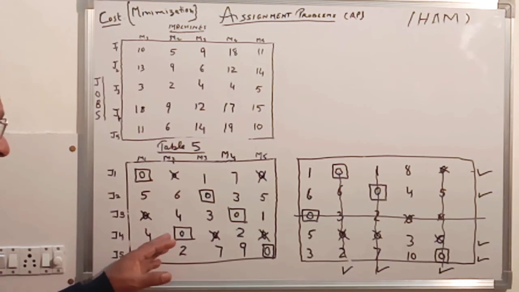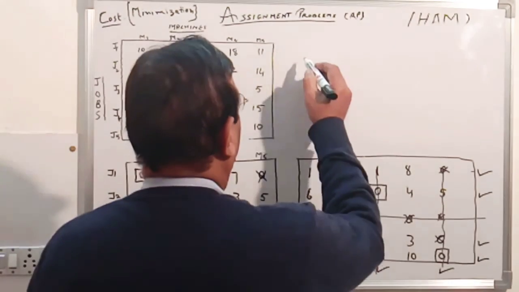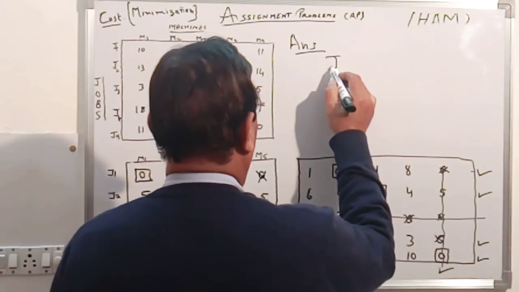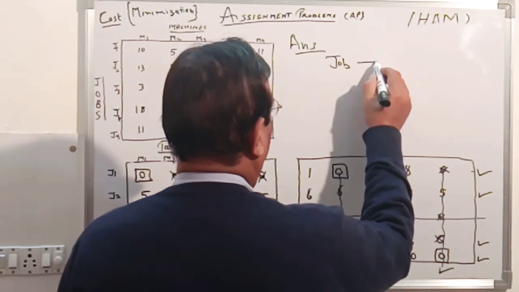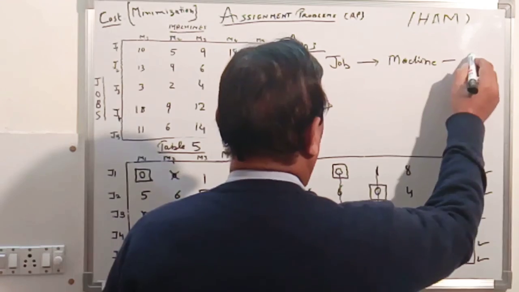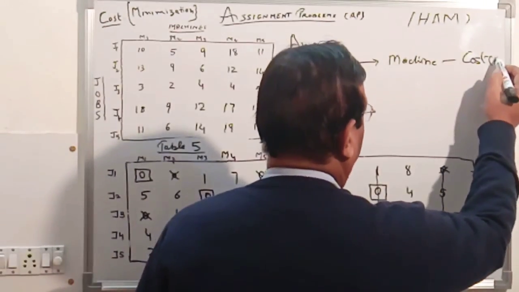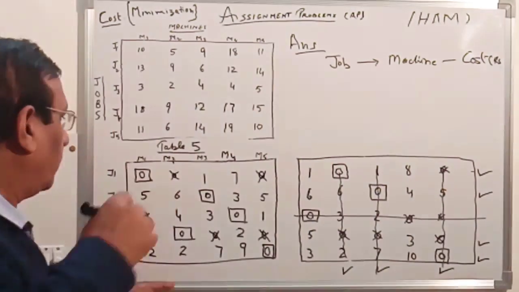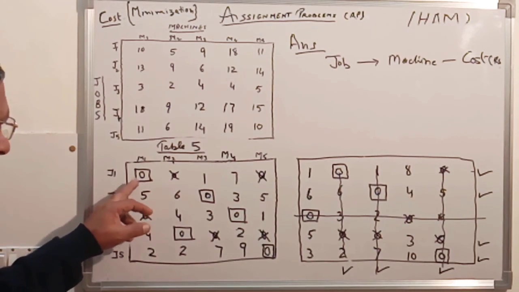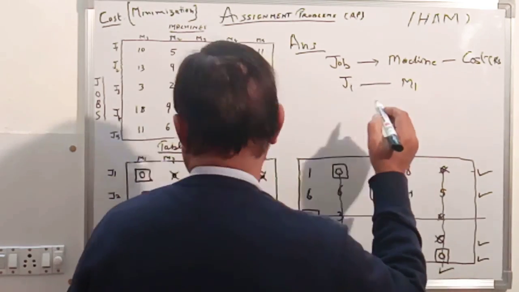Now from the last table, we have to write down the assignment result, or you can say the answer: which job is to be given to which machine and at what cost. The cost is in rupees. So from the last table, you have to check your assignments. Job 1 to machine 1.